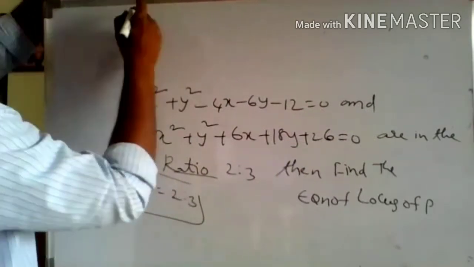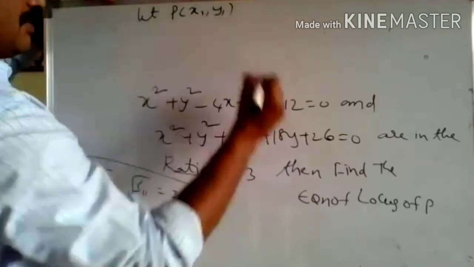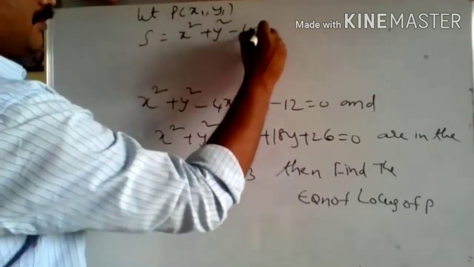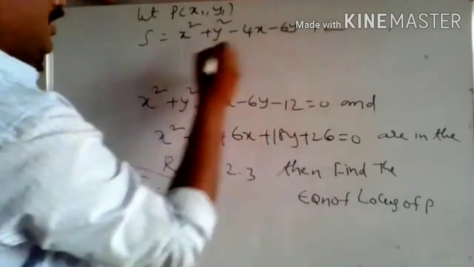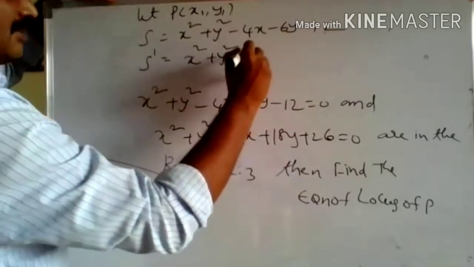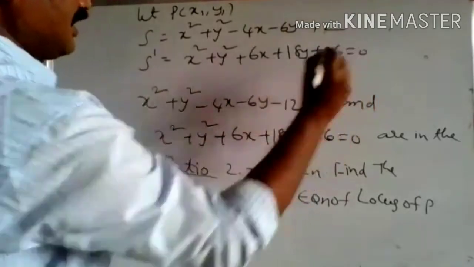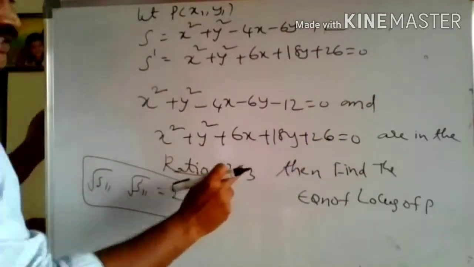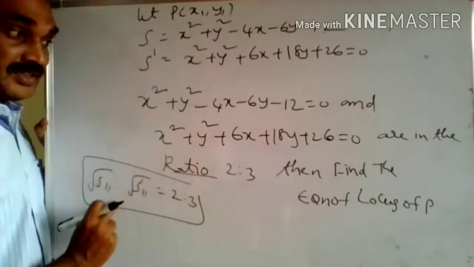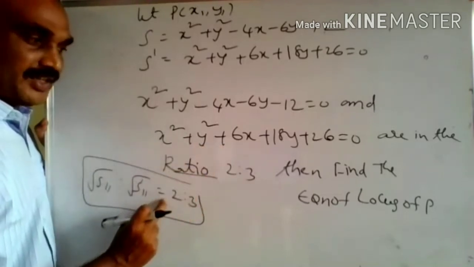Let P be (x1, y1). The first circle is S equals x square plus y square minus 4x minus 6y minus 12. The second circle S dash is x square plus y square plus 6x plus 18y plus 26 equals 0. The length of tangent to the first circle is root S11, and to the second circle is root S dash 11. The ratio is 2:3.